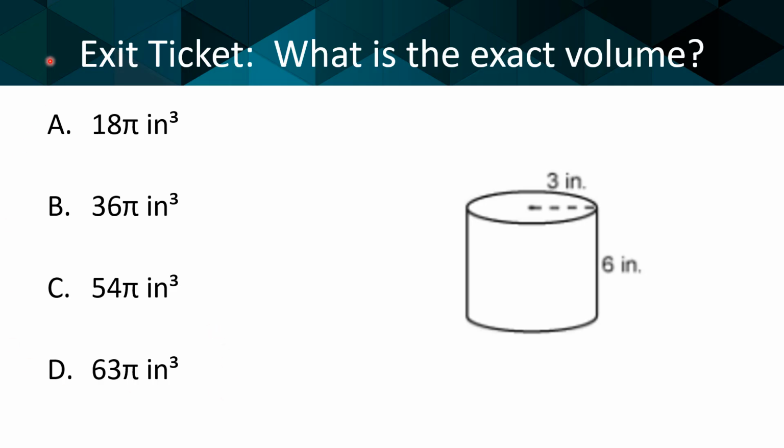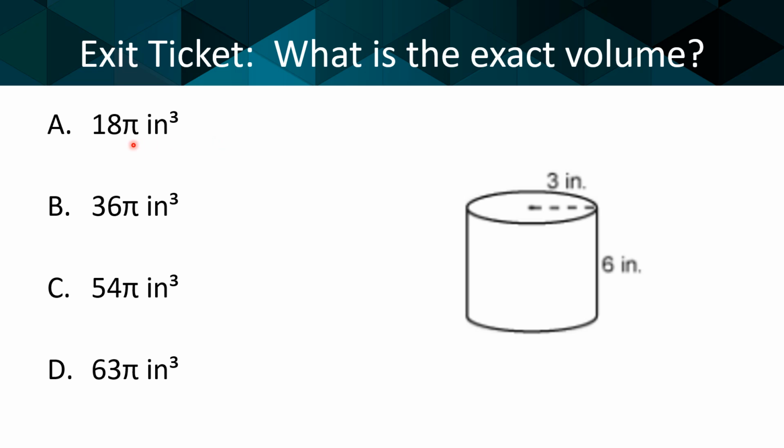All right, guys, let's look at your exit ticket. Now, I want you to take a moment to try to complete this exit ticket, but instead of having QR codes, I just want you to jot down the answer in your notes for today. And then we'll take a look at this and tomorrow's exit ticket when I return on Wednesday. Now, remember, we need to answer what is being asked. It's asking us for the exact volume, which means, as you can see by the answer choices, we will have pi retained in our answer.